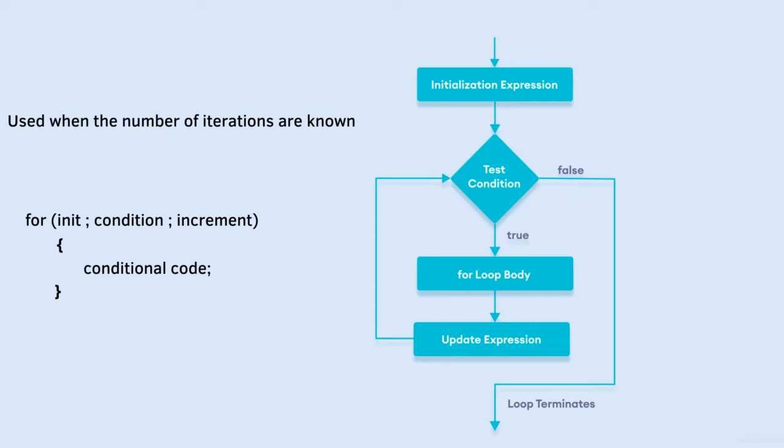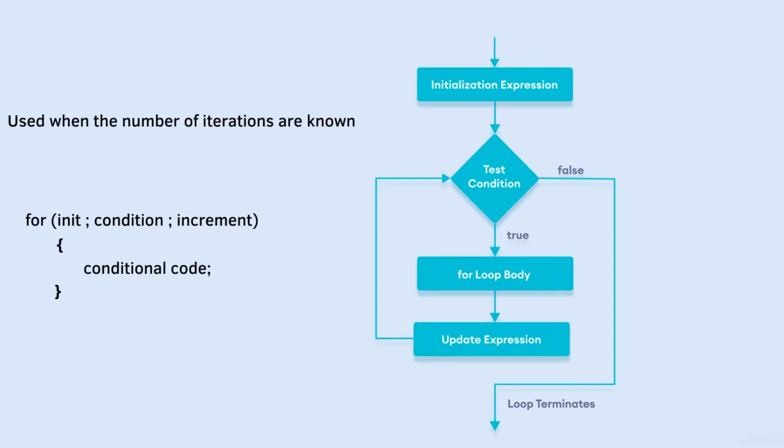If it is true, then the code block will execute, and then comes the increment. Increment means after executing the complete body, it will again go to this particular section where the increment will take place. Now after the increment, again before entering the body, it will check the condition. This will keep on executing unless and until the condition is true, and as soon as it is false, the loop will get terminated.